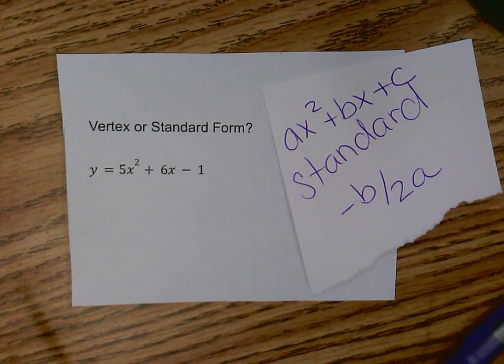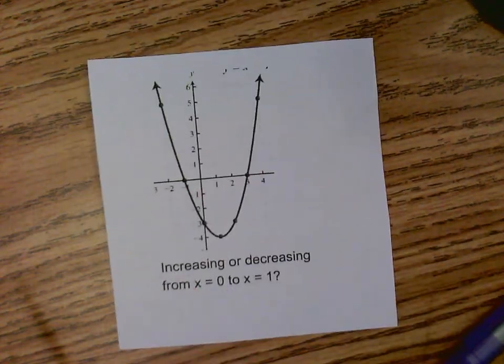Let's see, we're on the last two, right? The increasing or decreasing one. Let's do the 0 to 1 guy first. Is it increasing or decreasing? What would you say?